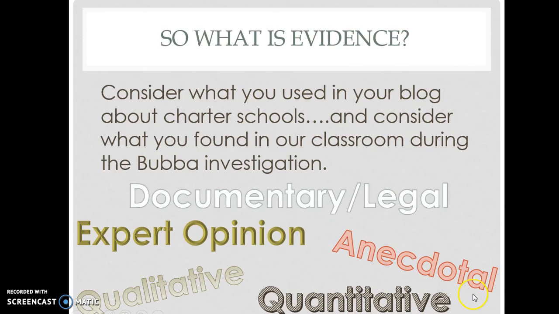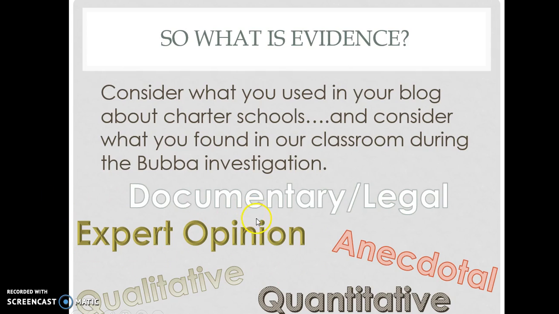Again, when you think about evidence, hopefully these are some terms that will become quite common and quite easy to retrieve in your memory. These are some of the types of evidence that you used in your blogs about charter schools last week, and the types of evidence that we talked about in regards to Bubba's investigation. Those of you who found the Animal Welfare Act would know that that was a piece of legal evidence that's also sometimes considered documentary evidence.